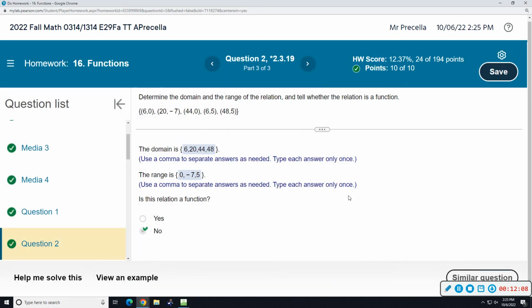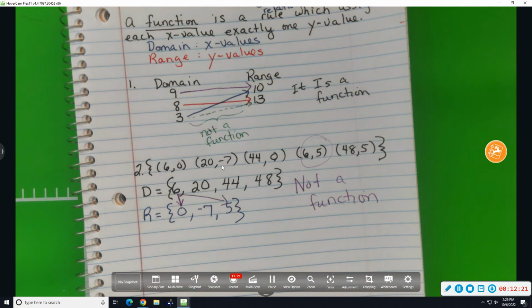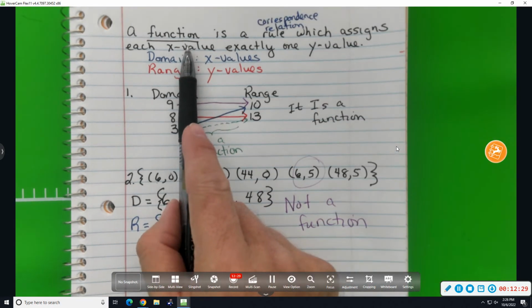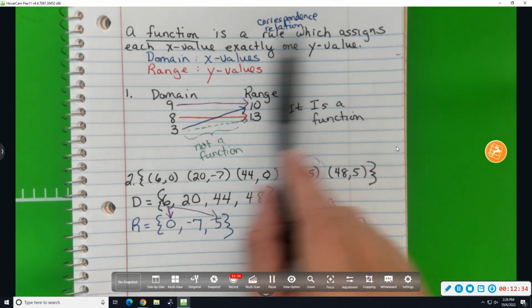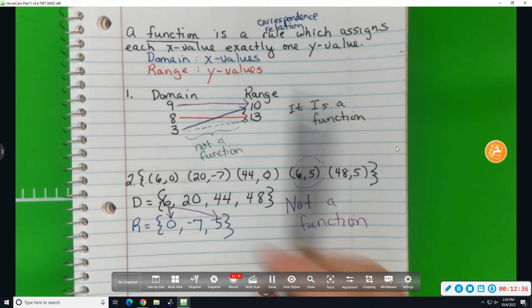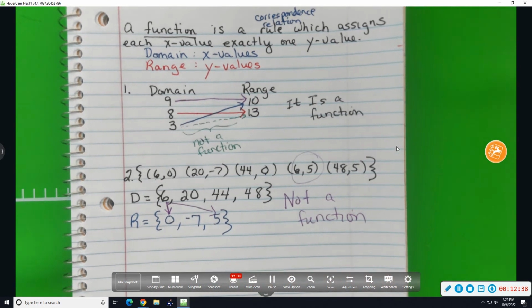Now, could you figure out a way to look at this set of ordered pairs and decide it's not a function without actually writing the arrows like I'm doing? Yes, if we just see the fact that there's 2 x values that are the same. There's 2 ways to define function in algebra. You can use my first definition, a rule which assigns each x value exactly one y value.